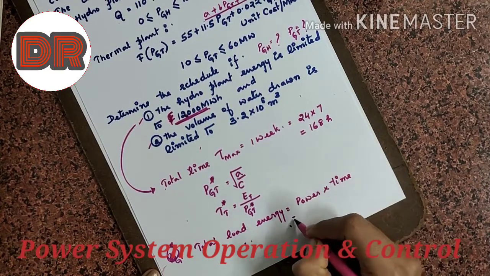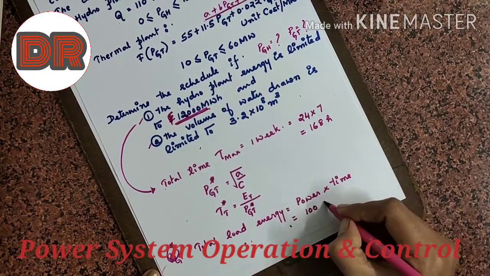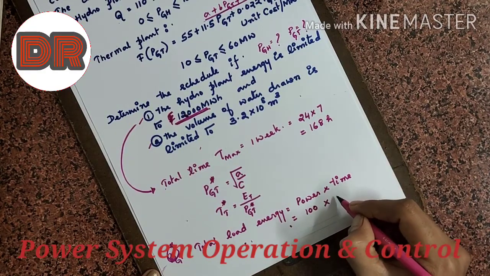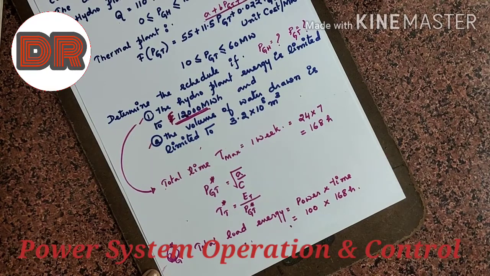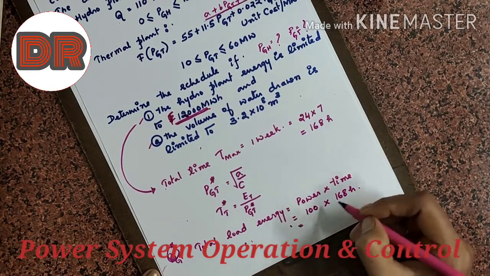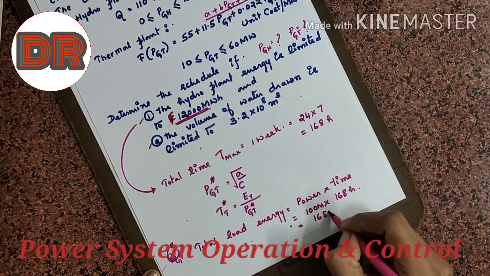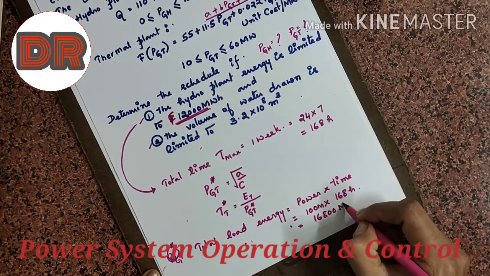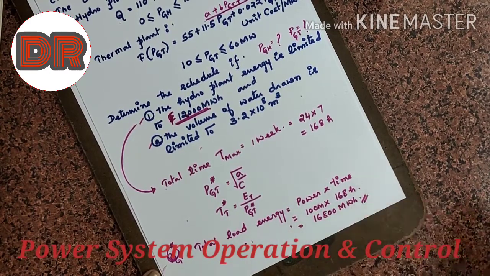The load power is 100 megawatt, and the time is 168 hours, the maximum time given. Multiplying these, we get 16800 megawatt hour. This is the load energy.